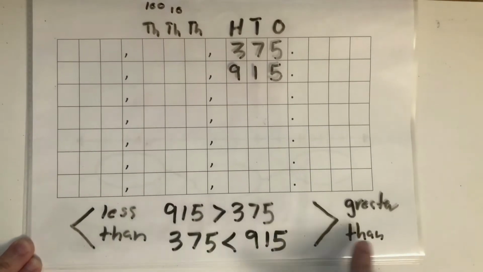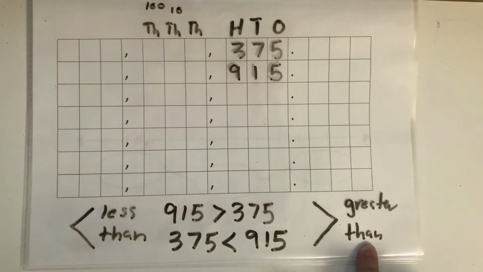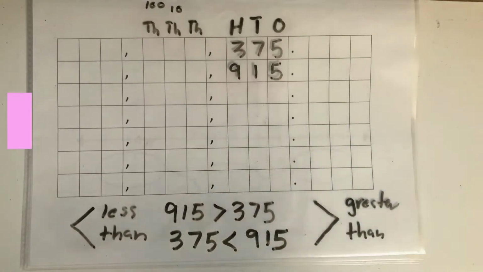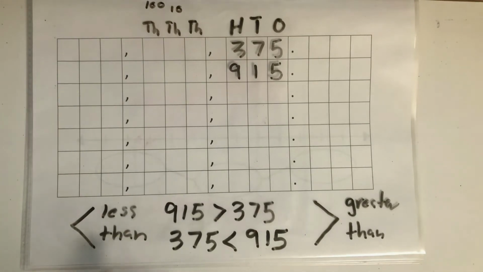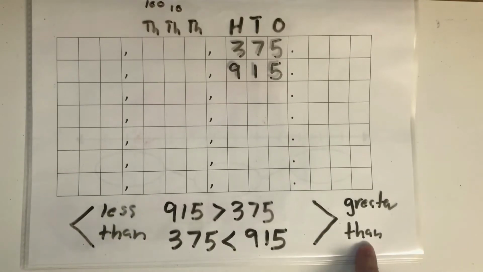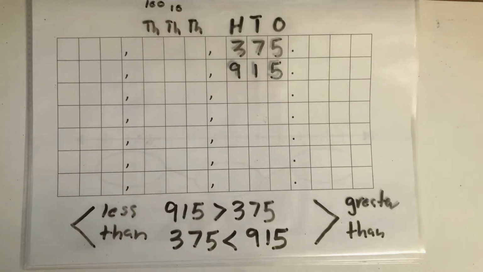The less than and greater than symbols can be a little confusing for some. So when comparing numbers, it is safe to always check the place value first. Also, use your imagination a little. The less than and greater than symbols look like open mouths.